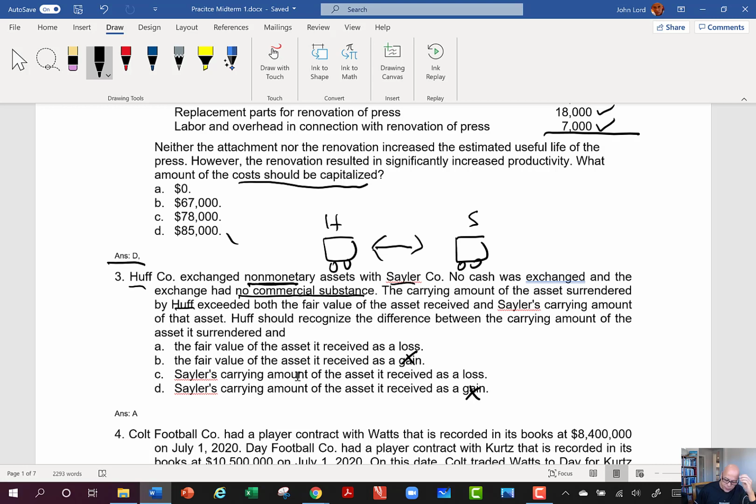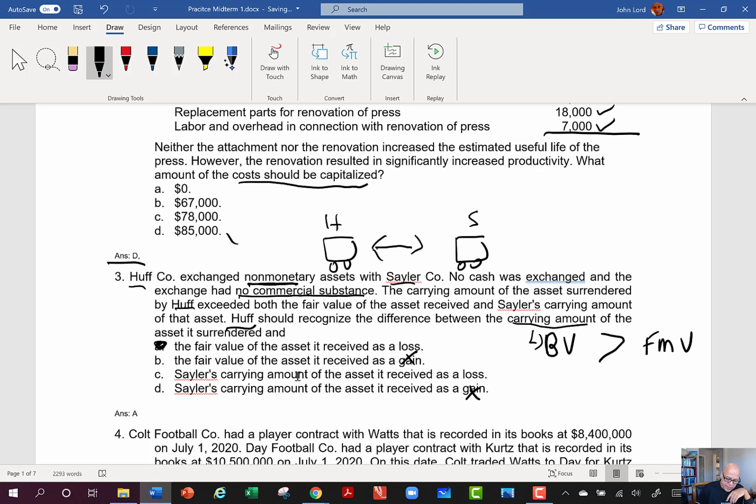If it's a loss, that means that the book value of this asset is greater than the fair market value of this asset for Huff. So the loss is to the extent that the book value exceeds the fair market value. They say that Huff should recognize the difference between the carrying value of the asset surrendered, and guys, carrying value and book value, I think you know by now, are synonymous, and the fair value of the asset it received as a loss.